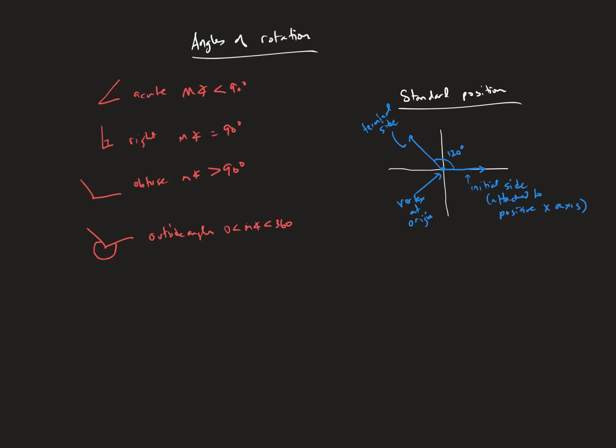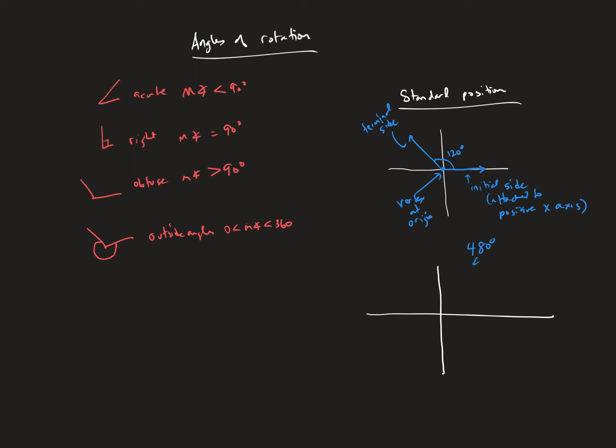Now, let's say I was drawing an angle that was bigger than 360. That would be tough in my old geometry way. But when I use the standard position, it becomes a lot easier. So let's say we're trying to draw an angle of 480 degrees.